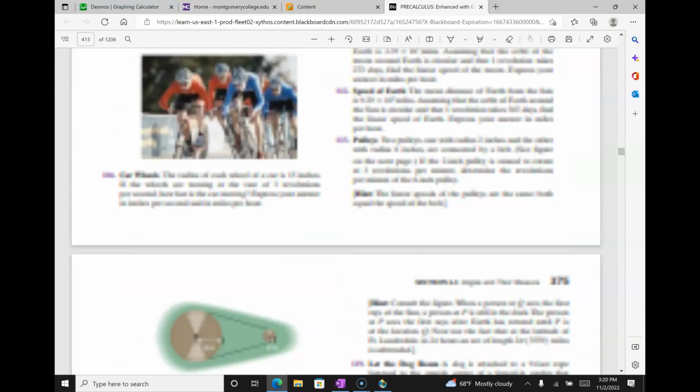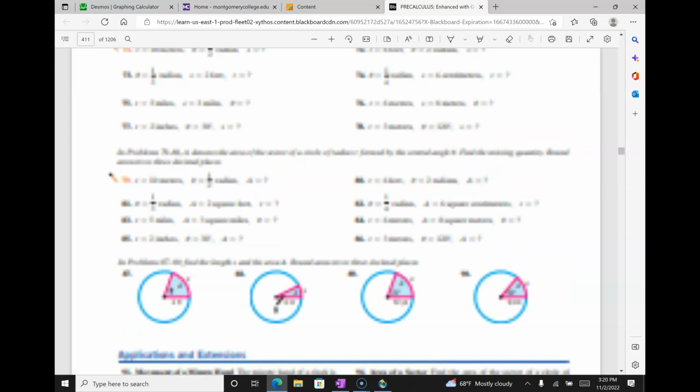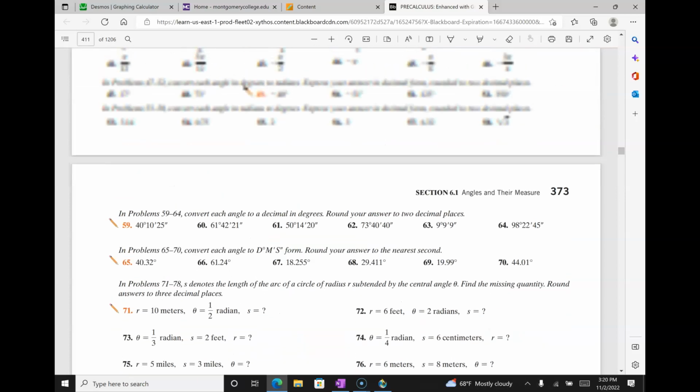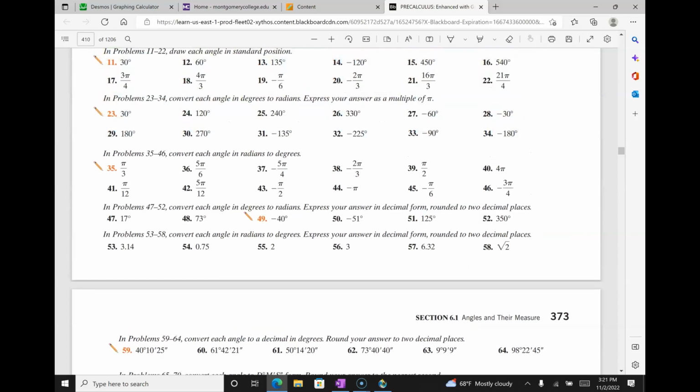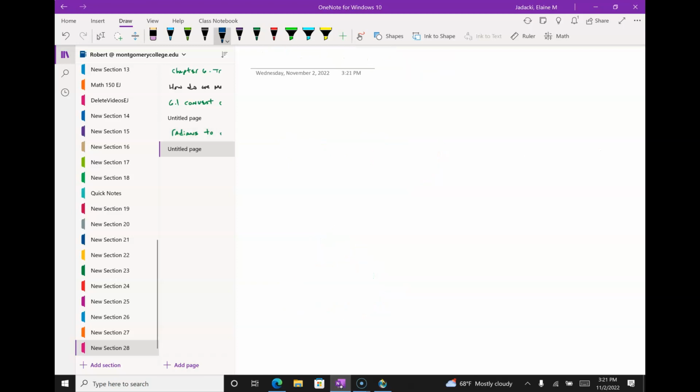Just do all these conversions for me: convert from degrees to radians, radians to degrees. 24 to 35. Ready? 6.2.